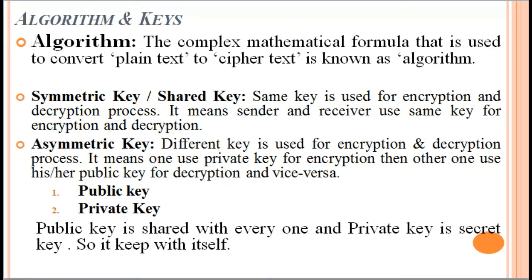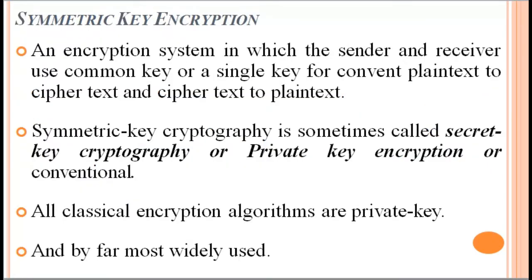The public key is shared with everyone, or every person or community, but the private key is a secret key, so it is kept with oneself. Now what is symmetric key encryption? Symmetric key encryption means the same key is used by the sender and receiver.